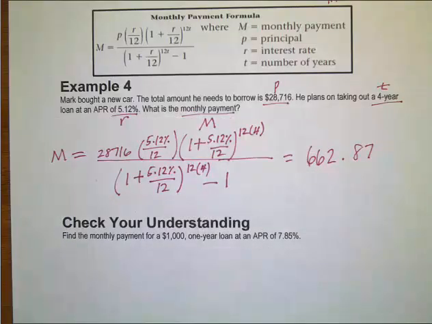So $662.87 is how much we are going to have to pay back each month for 4 years for a $28,000 loan. So find the monthly payment for $1,000 on a 1-year loan at 7.85%. And now we're not using the table because it doesn't say use a table, so we have to use this formula.